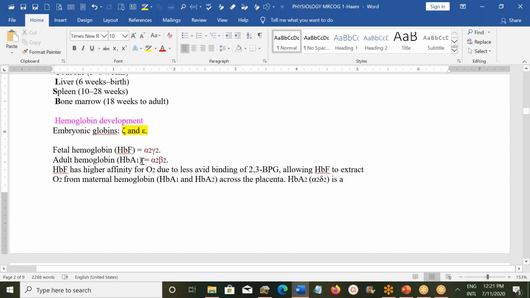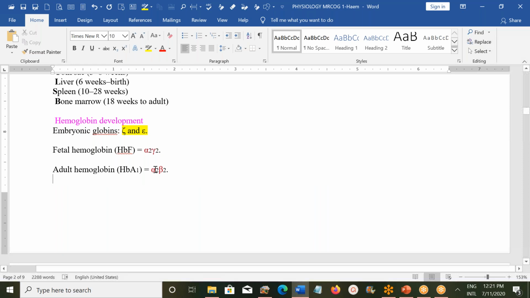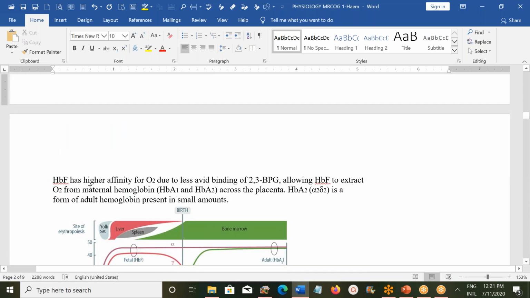Fetal hemoglobin, 2 alpha 2 gamma. I want you to remember these compositions very well, because they are going to ask you about these in the exam. Adult hemoglobin A1 has 2 alpha chains and 2 beta chains. Hemoglobin F, the fetal hemoglobin, has 2 alpha and 2 gamma chains.